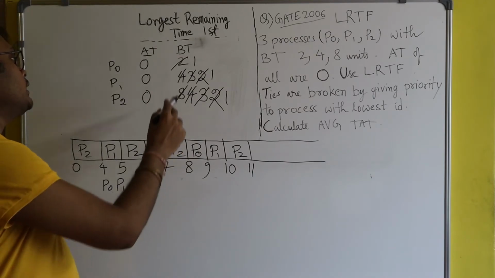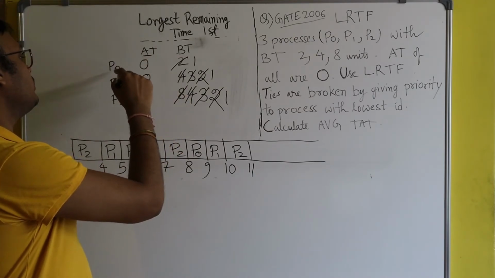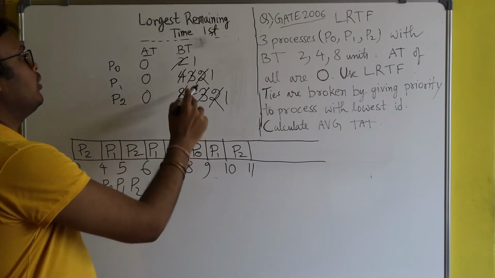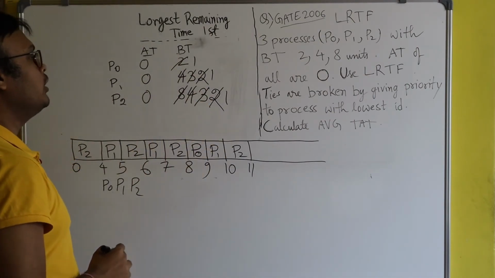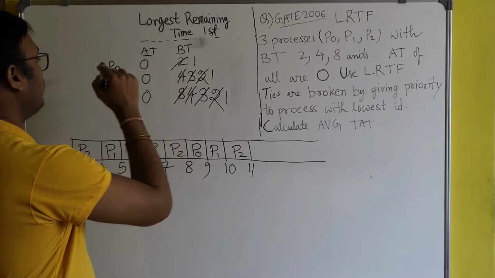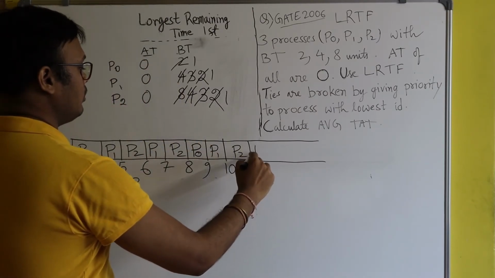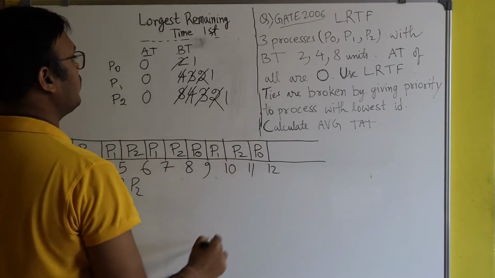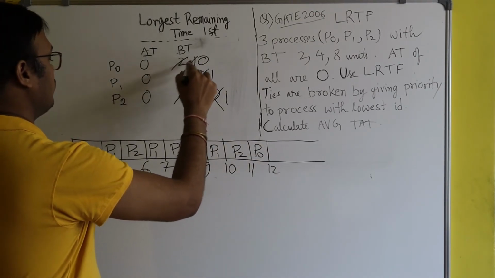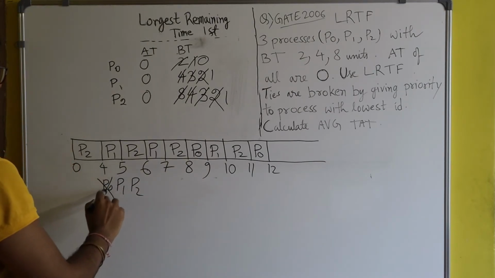Now there is a tie between all these processes P0, P1 and P2, and all have one unit left. To break this tie, CPU will be given first to process P0. P0 will run for 1 unit, 11 to 12, so 0 is left and P0 is done.